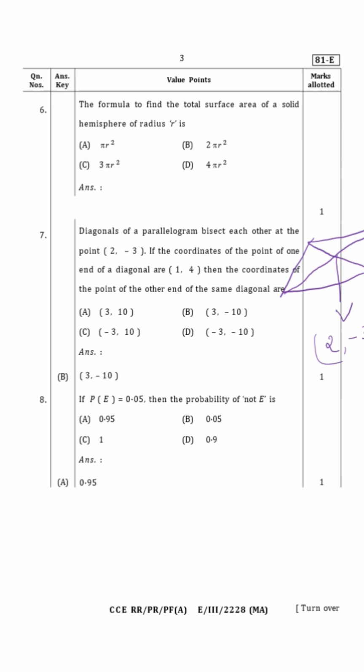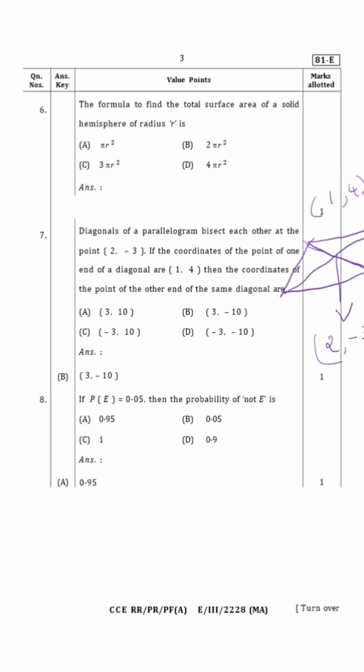Let us select this diagonal. One end of the diagonal is 1 comma 4. We have to find the coordinates of the other end. This is the midpoint. So let the coordinates of this point be x comma y.